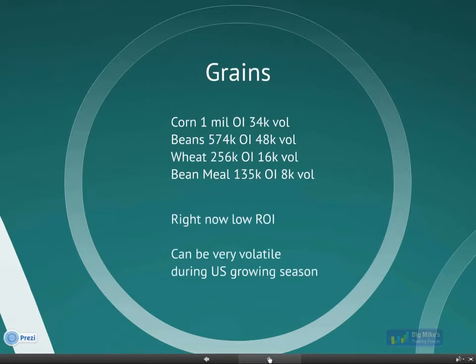Right now, grains are a low return on investment. A lot of commodities are cyclical on how good their rate of return is. Right now, grains are just a little bit off. Other times of the year it can be better, but like I say here, it can be very volatile during the U.S. growing season.